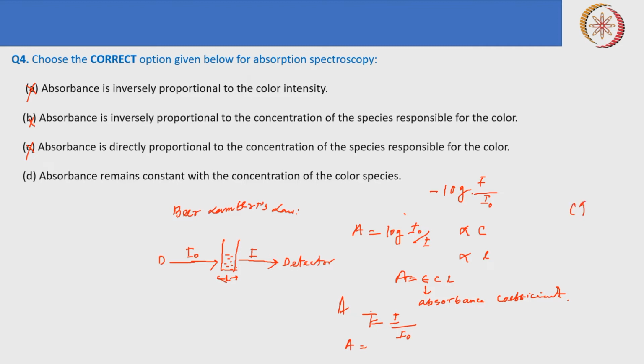You can see that if C is increasing, then absorbance will also increase. So this is not the answer. Okay, so we'll go to the next problem. If you have any inquiry, you can write in the chat box.